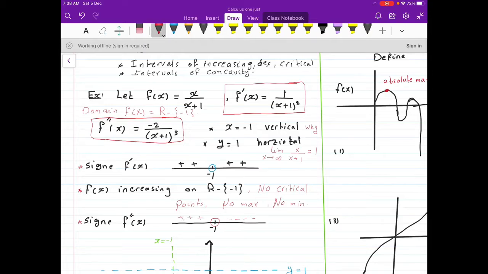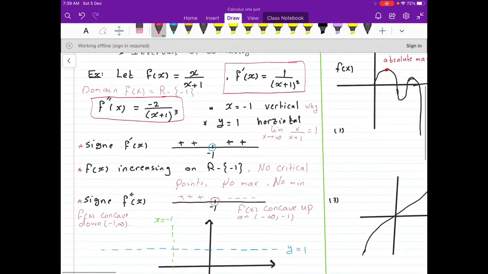So we get f(x) concave up on the interval (minus infinity, minus 1), and f(x) concave down on the interval (minus 1, infinity), and obviously there is no inflection point. We can't say minus 1 is an inflection point since it is not included in the domain and the function is not continuous at this point.